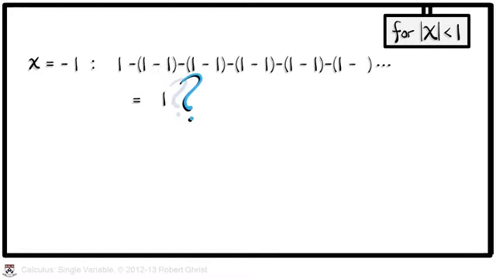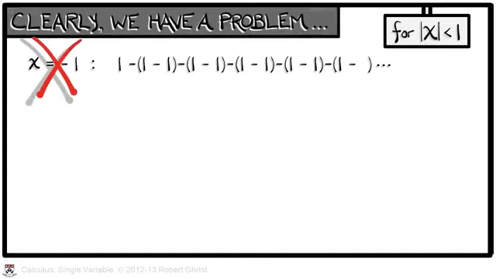If you're not sure which of these is correct, perhaps the best thing to do is to take the average, split the difference, and declare it to be 1/2. This is, after all, what one would obtain by plugging in a value of -1 into the expression 1 over 1 minus x. Well, as you might guess, none of these is correct.